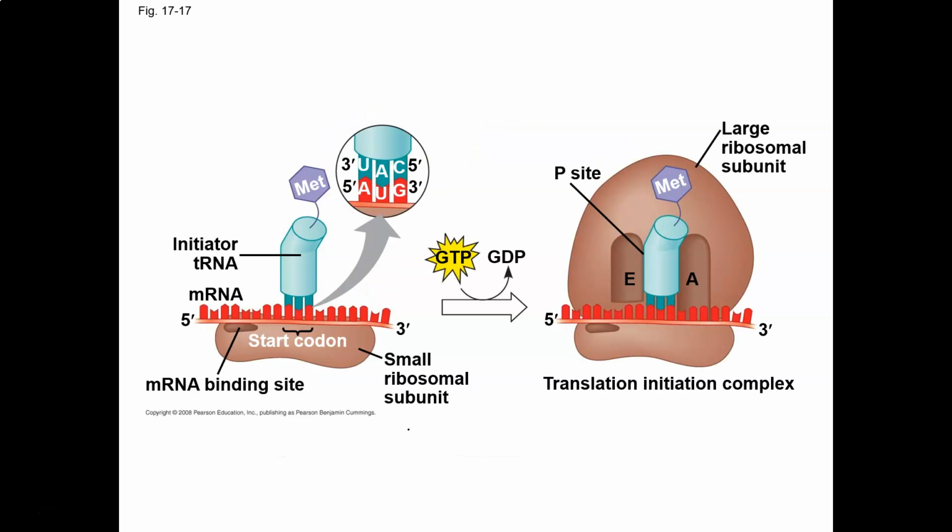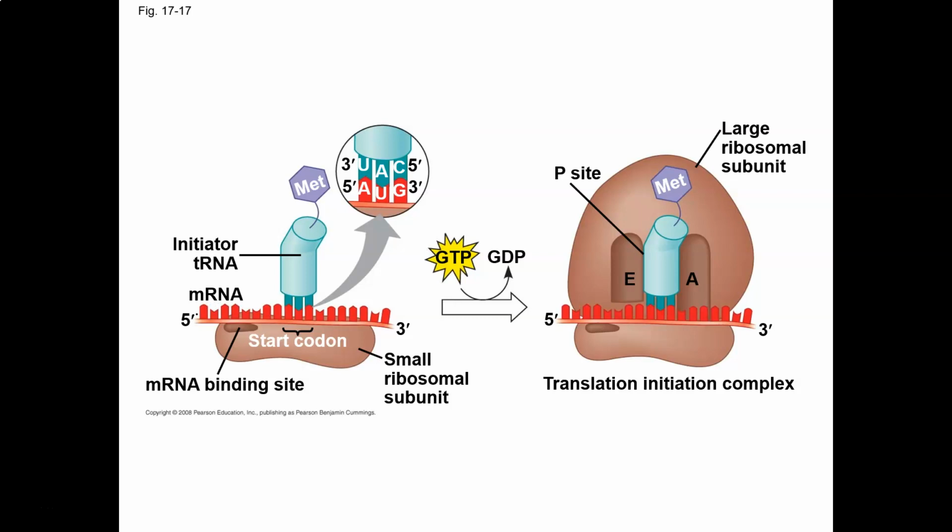Okay, so we're going to go through the process of making a protein through the steps. First thing that's going to happen is you're going to make the messenger RNA in the nucleus by transcription. That part is not shown in this figure. That's already happened. But now we're looking at where that messenger RNA goes when it comes out into the cytoplasm.